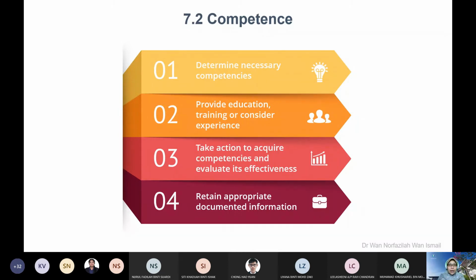So if you are hiring a new graduates, okay, so you need to provide education and training because they don't have any experience, right? Or if you want to reduce the cost for training and providing education to new graduates, you can consider someone with experience.